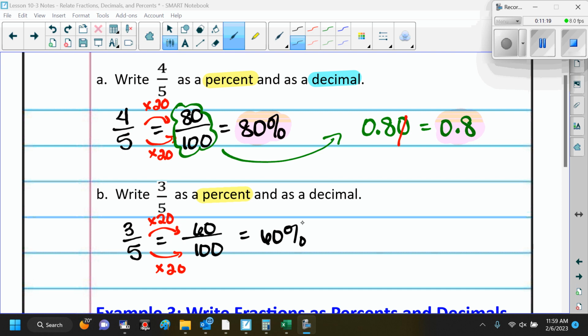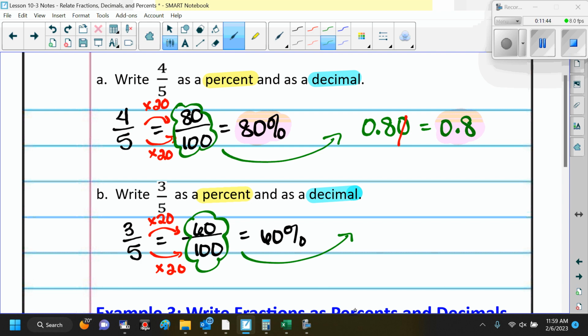So once we have the percent, now we want to change this to a decimal. So we are going to read which fraction? 60 over 100. Very good. 60 over 100, if I read it correctly, is 60 hundredths.